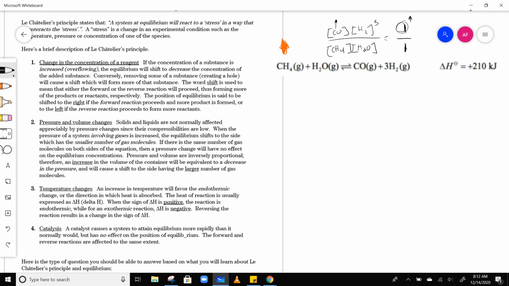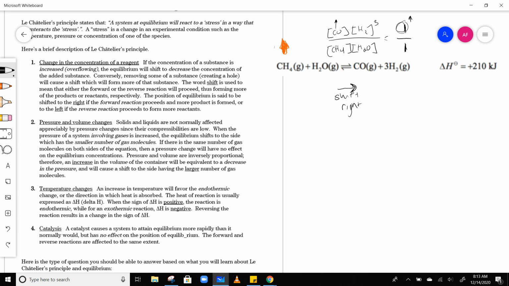So what's going to happen is this reaction is going to shift away from this stress. If we add CH4 here, the reaction is going to shift to the right, because now we have too much CH4.